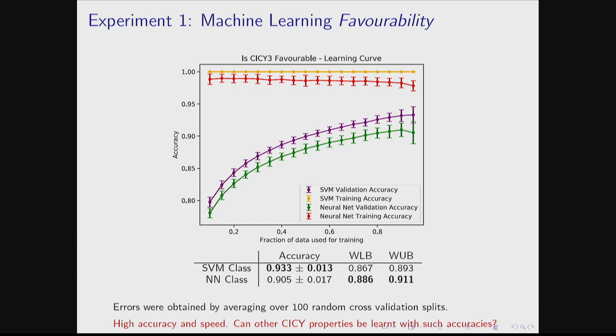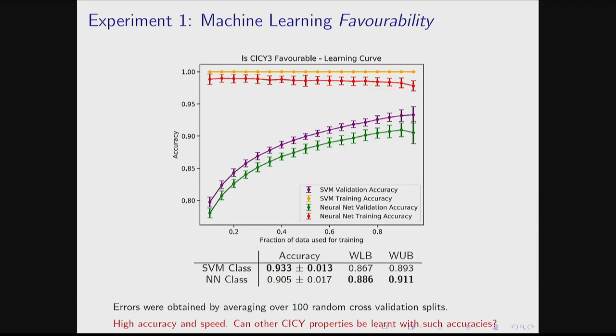These are the results of the first experiment that we have done on machine learning, the favorability. The top curves are the learning curves, or the training accuracy curves, for the neural net and the support vector machine. And the curves below here are the validation curves. The x-axis here is the fraction of data used for training.